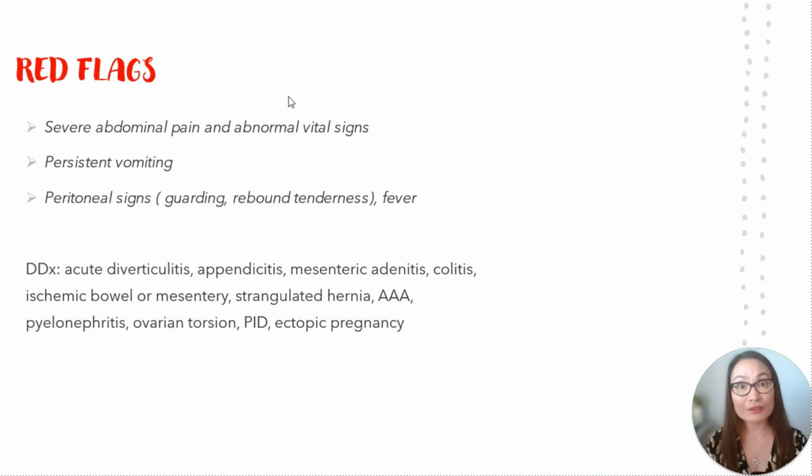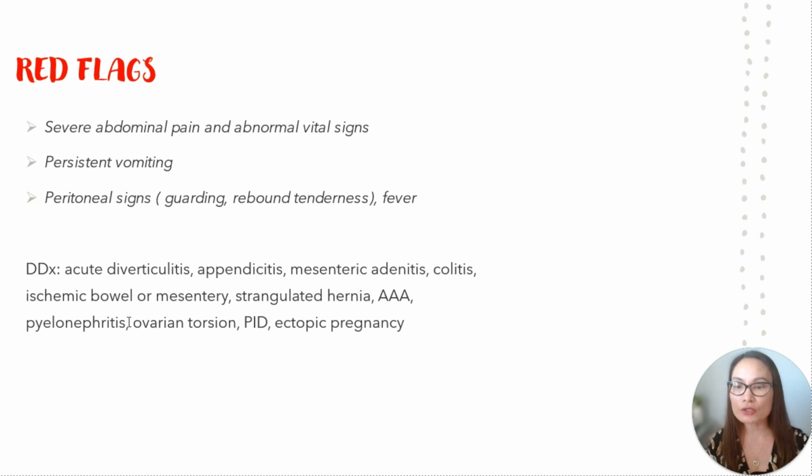So I always start with red flags, right? Because you want to make sure you're not keeping these patients in your clinic and you're transferring them over to a higher level of care. And so severe abdominal pain and abnormal vital signs, persistent vomiting and peritoneal signs, guarding, rebound tenderness, and fever.